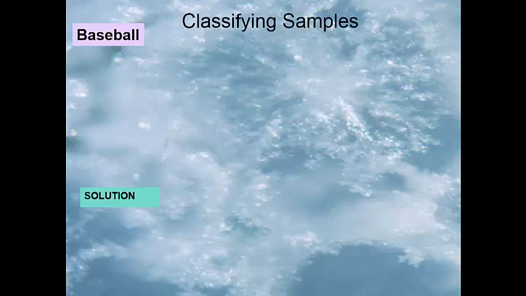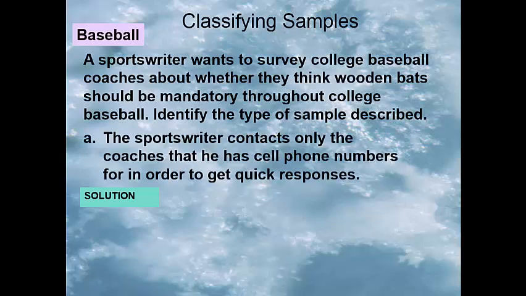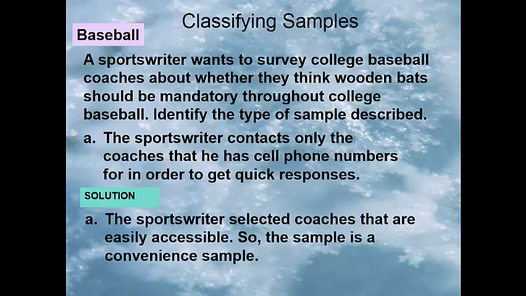Classifying samples. Let's do an example. A sports writer wants to survey college baseball coaches about whether they think wooden bats should be mandatory throughout college baseball. Identify the type of sample described above. So the sports writer contacts only the coaches that he has cell phone numbers for in order to get quick responses.